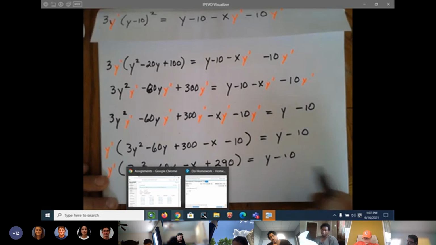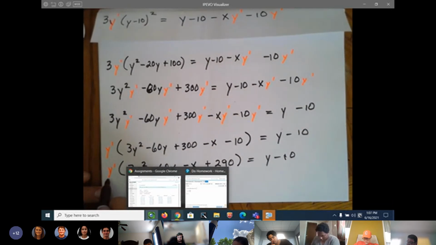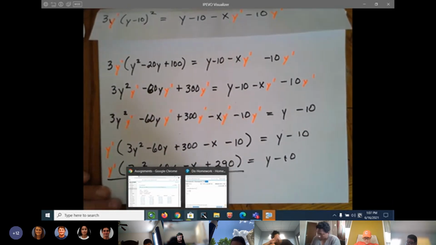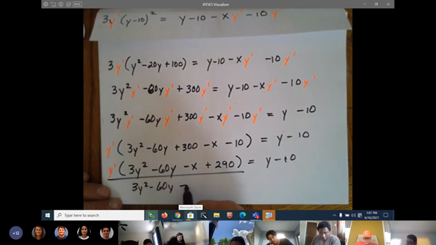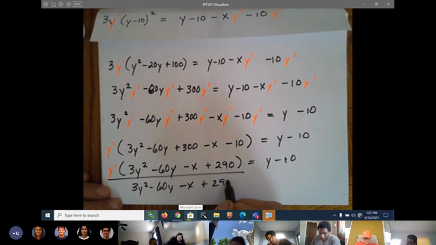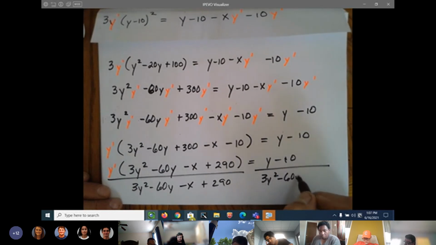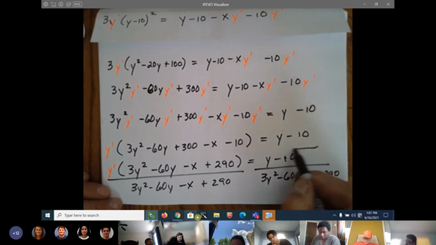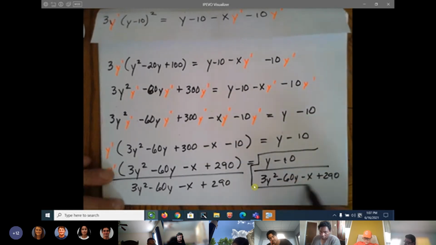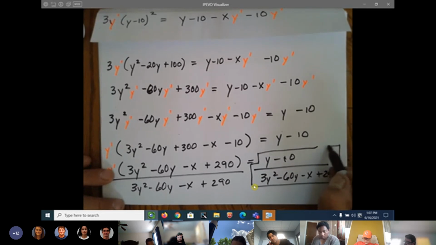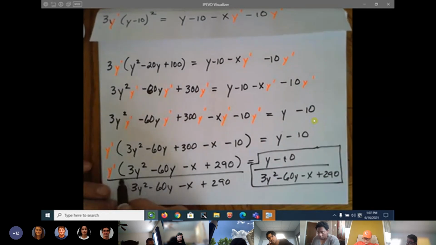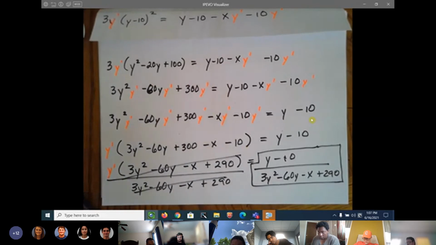Y minus 10, and divide by 3y squared minus 60y minus x plus 290, and pray that that is the answer. But I can tell you that's awfully big and complicated for it to be one of these answers, but I don't know. Let's see what happens.